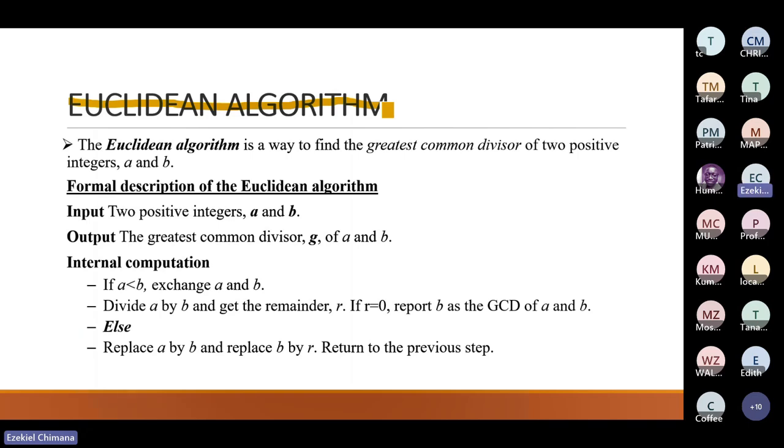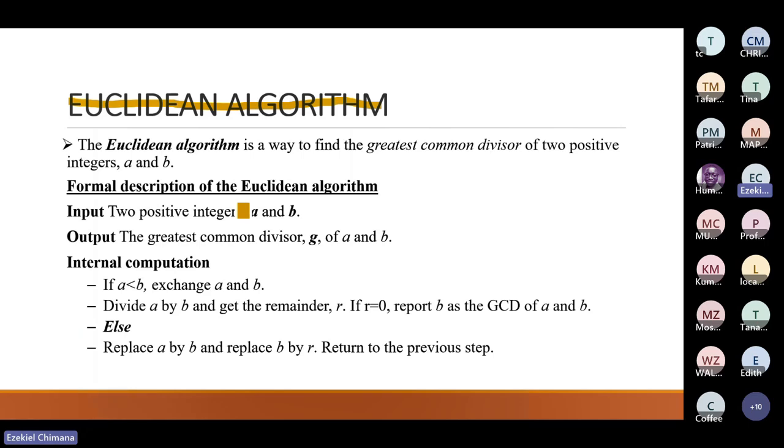It's the easiest way, and easy to understand, to find the greatest common divisor. There are a few steps that you need to master so that you can be able to do this on your own.